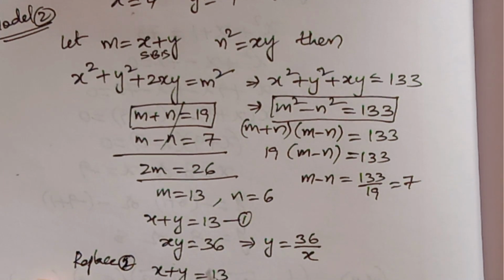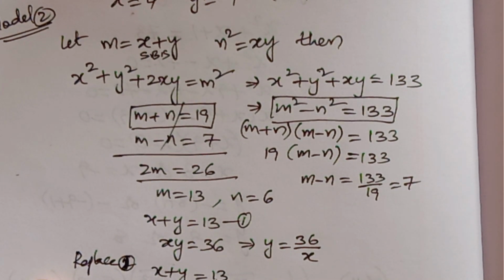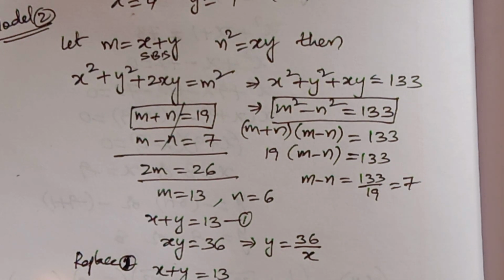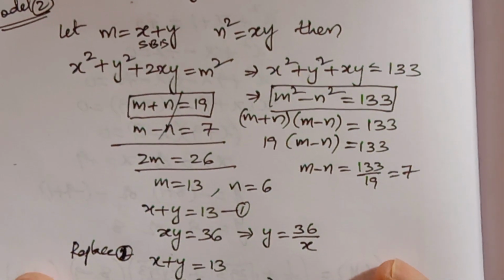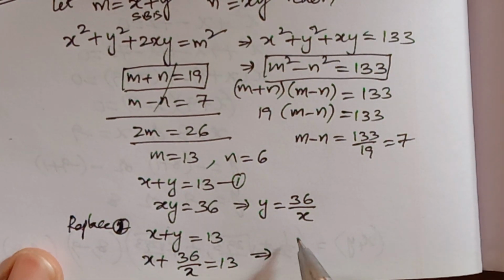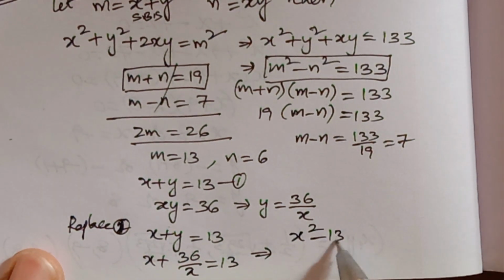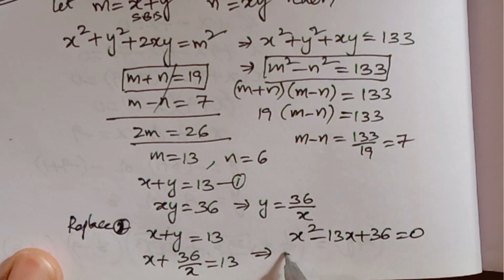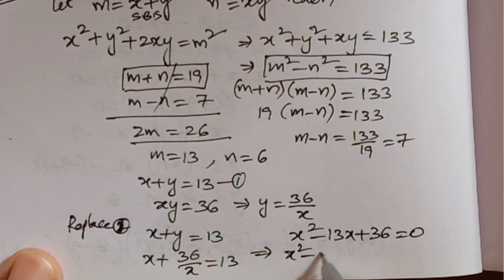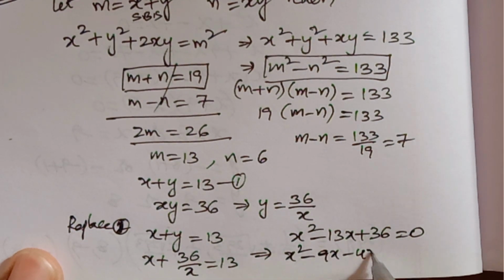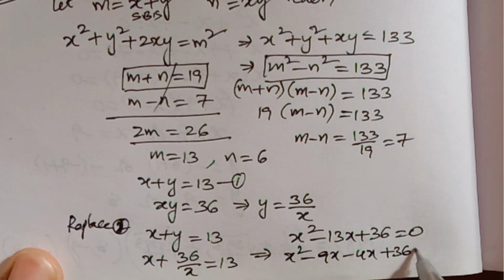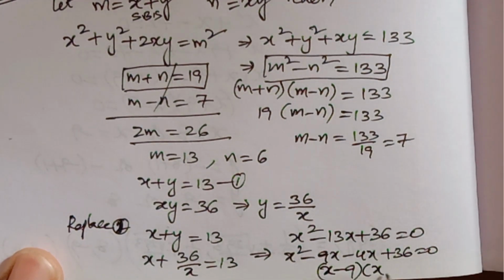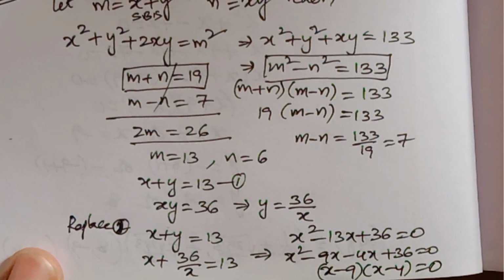So x plus 36 by x is equal to 13. You will get a quadratic here: x square minus 13x plus 36 equal to 0. So here you write the factors: x square minus 9x minus 4x plus 36 equal to 0. x minus 9 into x minus 4 equal to 0.